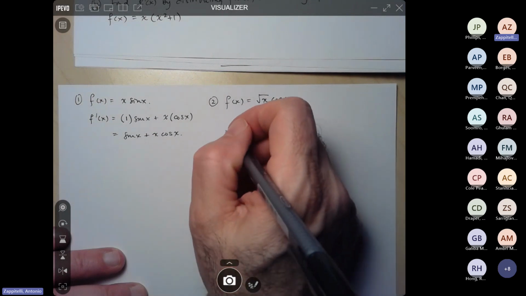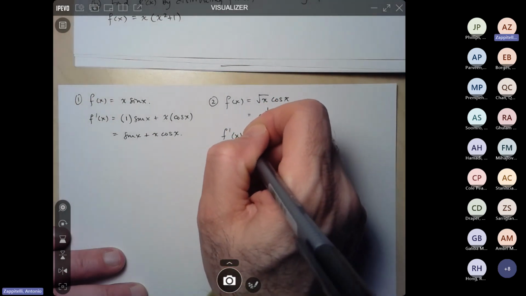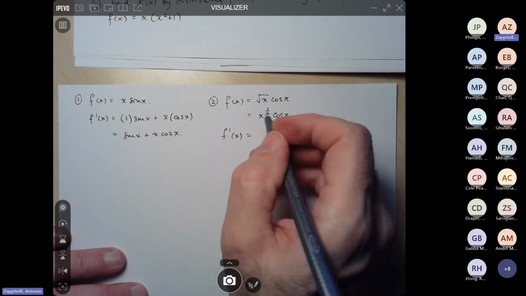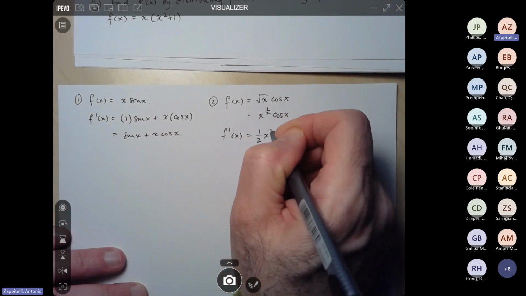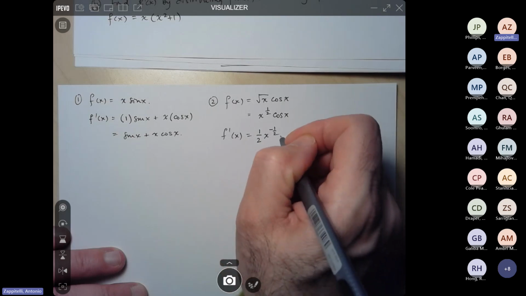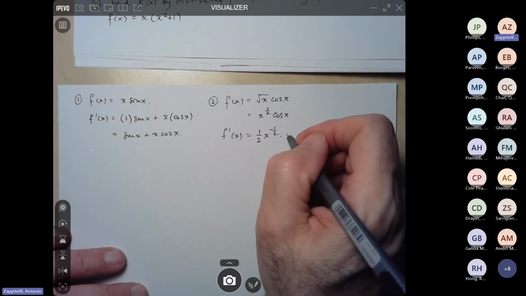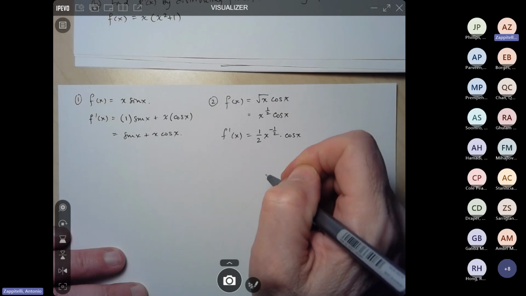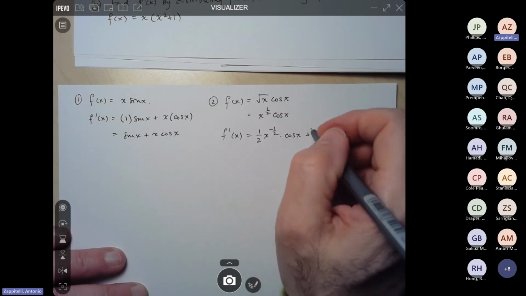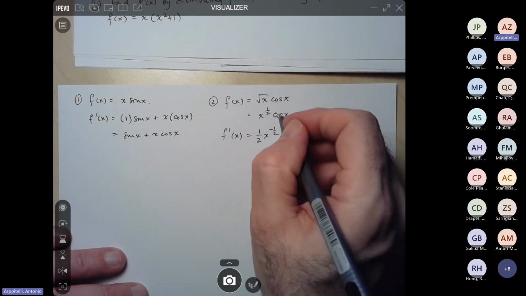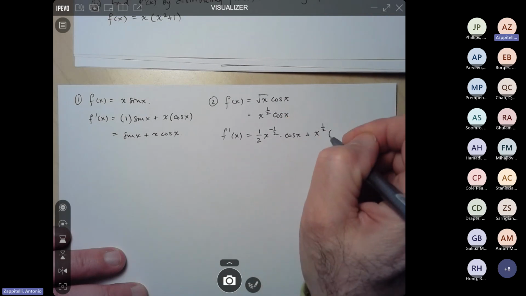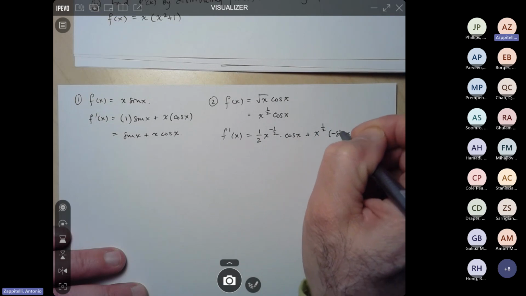So now I can take the derivative. Okay, and what do I have? Well, the derivative of the first function is 1/2 x to the negative 1/2 times the second function, cos x. Okay, and plus the first function, x to the 1/2 times the derivative of the second function, negative sine x.